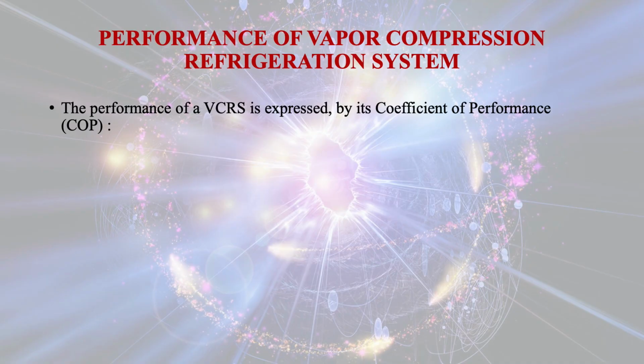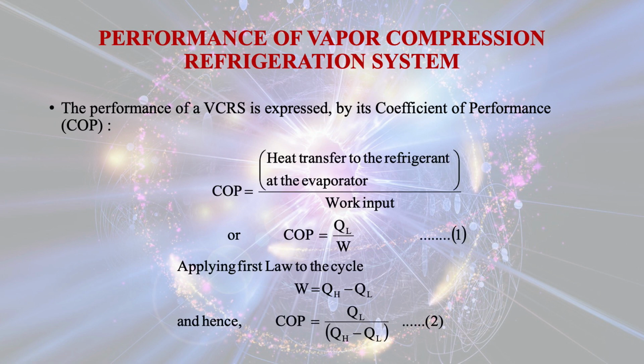Performance of vapor compression refrigeration system. The performance of a vapor compression refrigeration system is expressed by its coefficient of performance. Coefficient of performance of a refrigerator is defined as heat transfer to the refrigerant at the evaporator divided by work input.